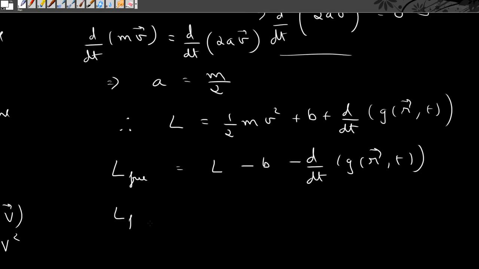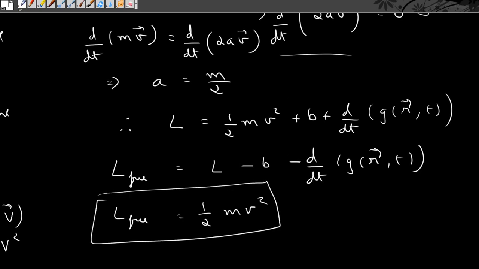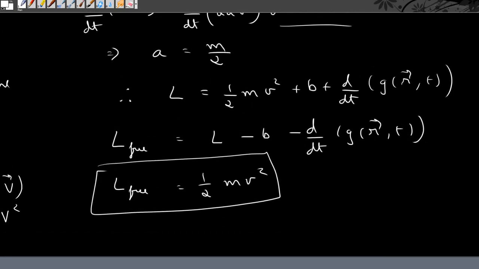So this gives L free equal to half m v square. If we consider the Lagrangian for a free particle to be just half m v square, it is going to make our calculations easier. True, we can consider it to have the other form, but it will just make our calculations messier, and since both are mechanically equivalent, that is, they end up giving the same equations of motion, we can always consider this to be our Lagrangian for the free particle.